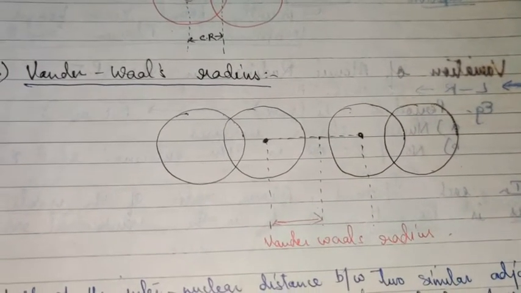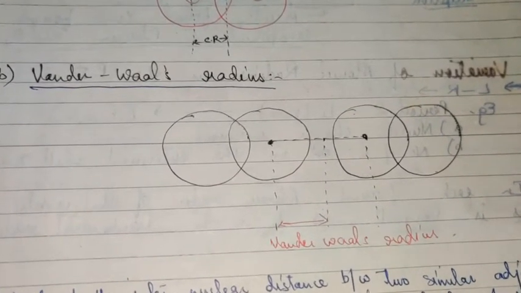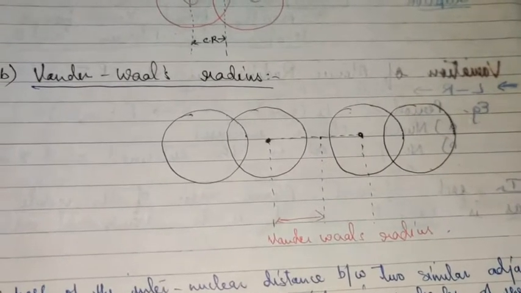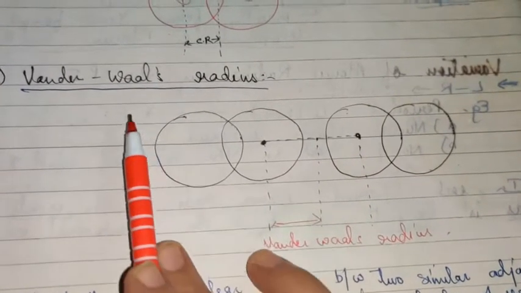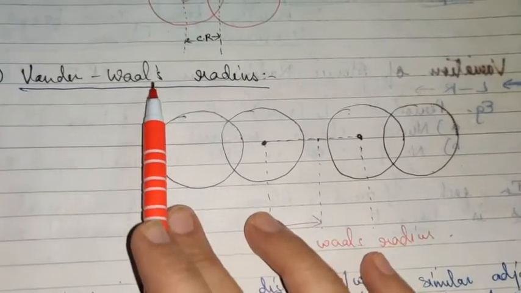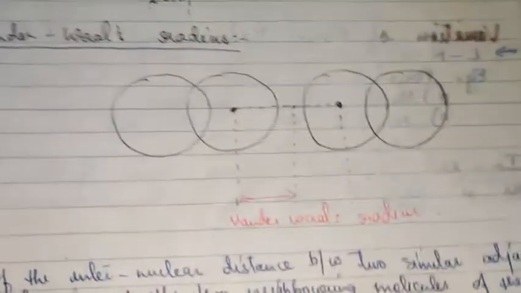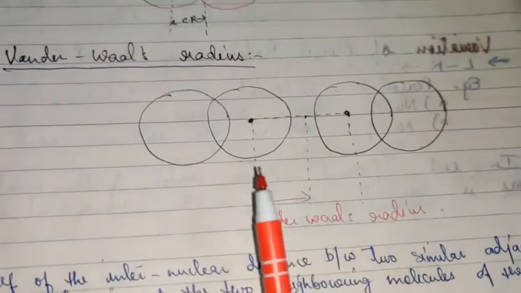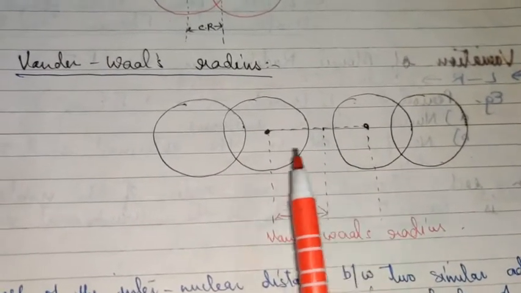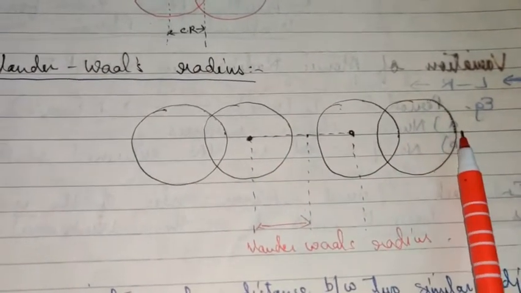Like if I have packed oxygen gas in an oxygen cylinder or in any cylinder, the type of interaction between the oxygen molecules will be van der Waals interaction. It is a weak interaction which is observed among the covalent molecules. Okay, so here you can see that two separate molecules are mentioned here. This is one separate molecule and this is another separate molecule.